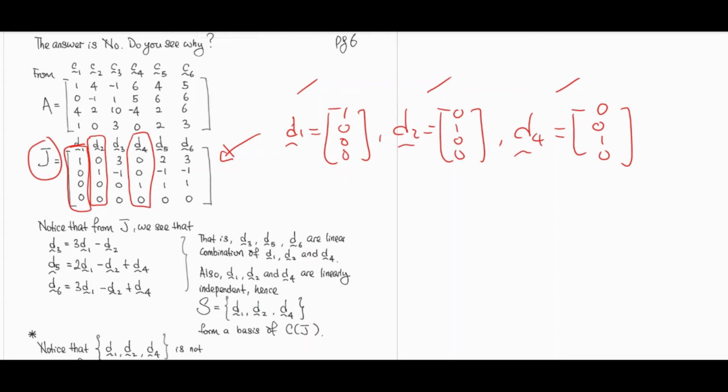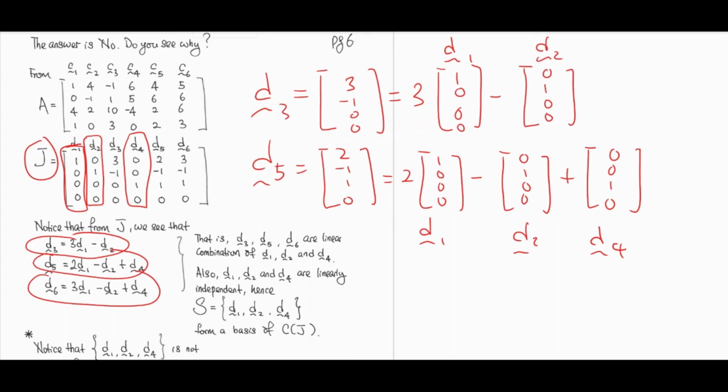Also, we can see that D3 is related to D1 and D2 this way. D5 is related to D1, D2, and D4 this way. And D6 is related to D1, D2, and D4 this way. For example, your D3 is this vector 3, 1, 3, negative 1, 0, 0. Obviously, it can be written like this.